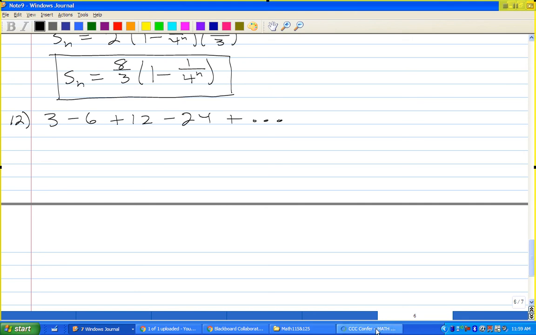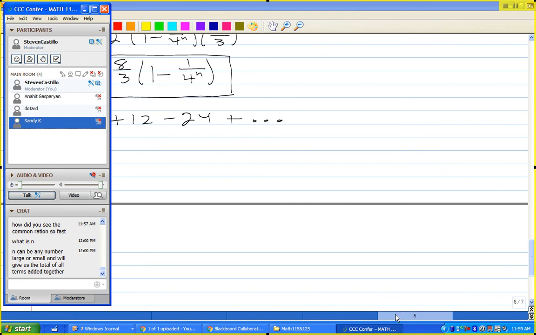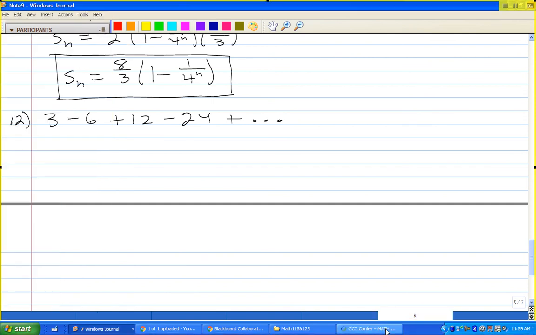Let's find the sum of the first n terms. n can be any whole number, any integer. So it's the total number of terms that you add. So n can be any natural number. n can be 25, 17.